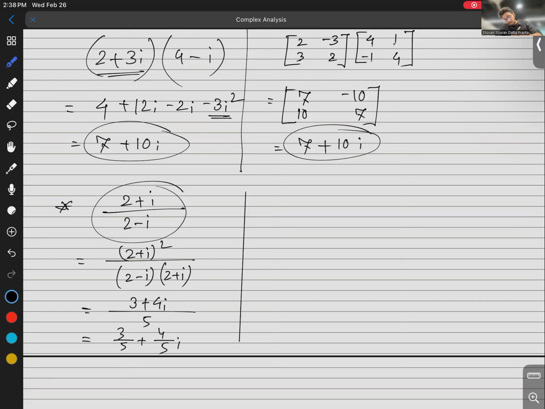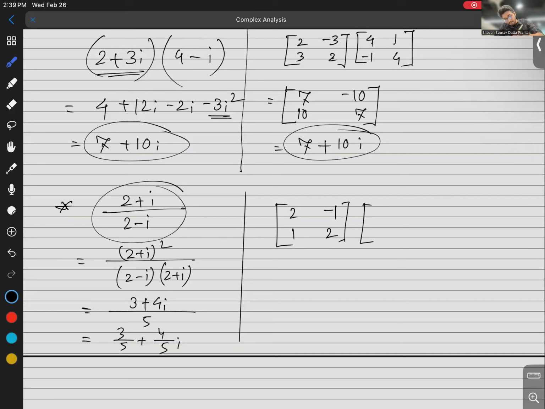And then in the matrix case, division by a matrix is not a valid operation, so we multiply with the inverse of the matrix.